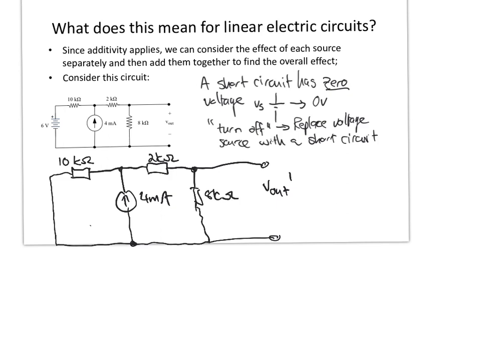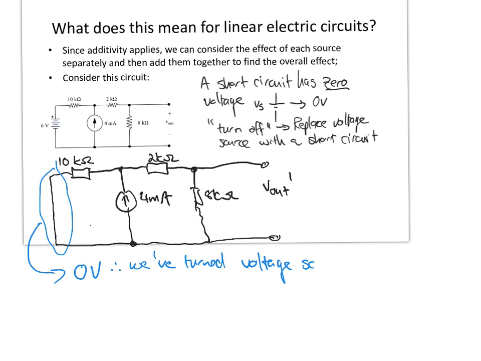So you can see that over here, the voltage is effectively 0 volts. So therefore, we've turned the voltage source off by replacing it with a short circuit.